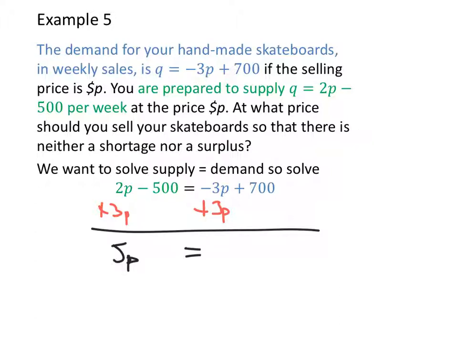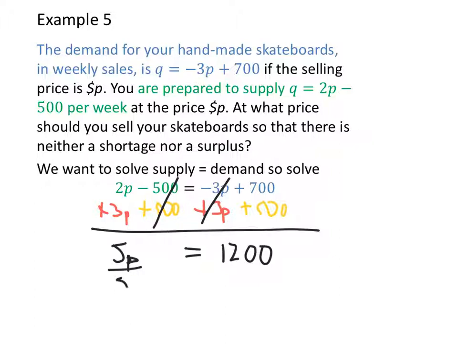But at the same time, I'm going to add 500 to both sides. Why do two steps when you could do it in one? And notice that the 3Ps cancel here, the 500s cancel here, so I'll have 5P equals 1200.